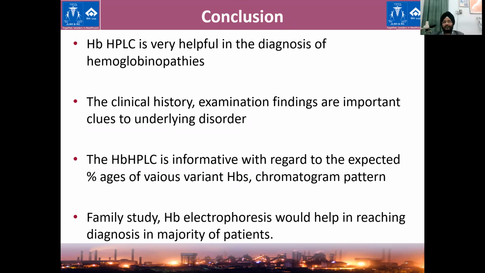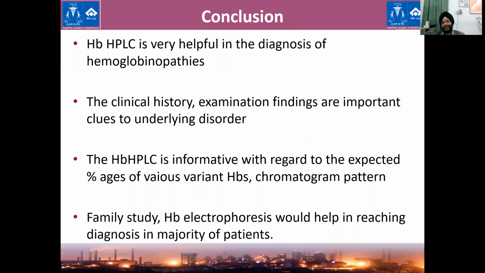Whenever there is an abnormal hemoglobin, say, as in the example where we get a window in the P2 region, what we expect in the P2 region is HbJ Meerut. In India, we have HbJ Meerut. So how do we confirm whether it is HbJ Meerut? One way is molecular confirmation, where you look at the mutation, but it is not always possible because of cost constraints or other reasons. Electrophoresis is very simple. It can be set up in every lab, and in a case of HbJ Meerut, we will get a fast moving hemoglobin.